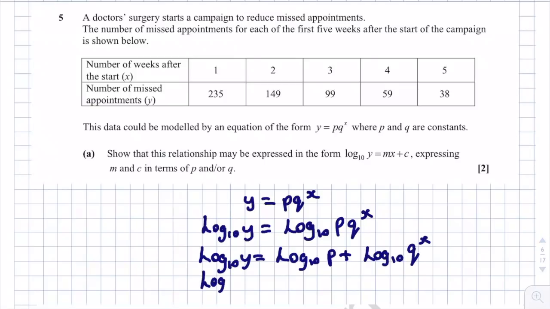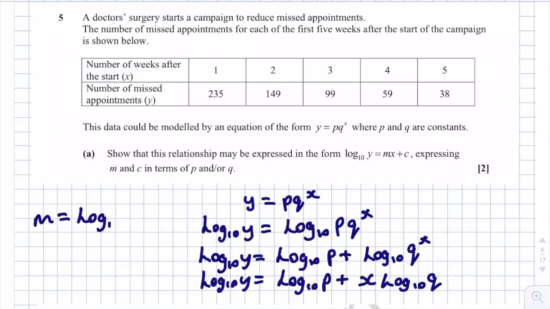So we get log to the base 10 of y equals log to the base 10 of p plus x log to the base 10 of q. Now if you compare this against log 10 y equals mx plus c, you should be able to see that m is going to be log to the base 10 of q, and c is going to be log to the base 10 of p. So this becomes our final answer.